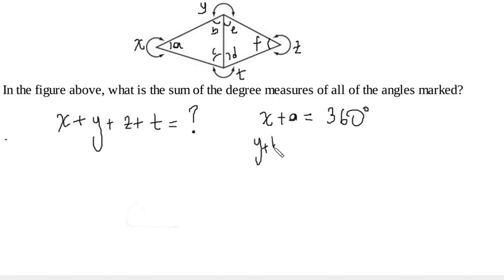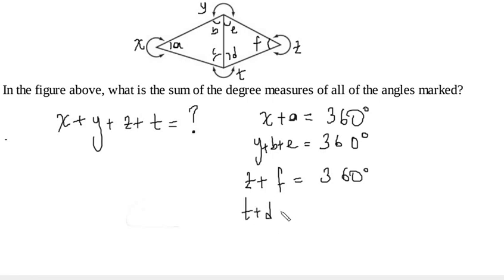And then z plus f is equal to 360 degrees. And t plus b plus c is equal to 360 degrees.